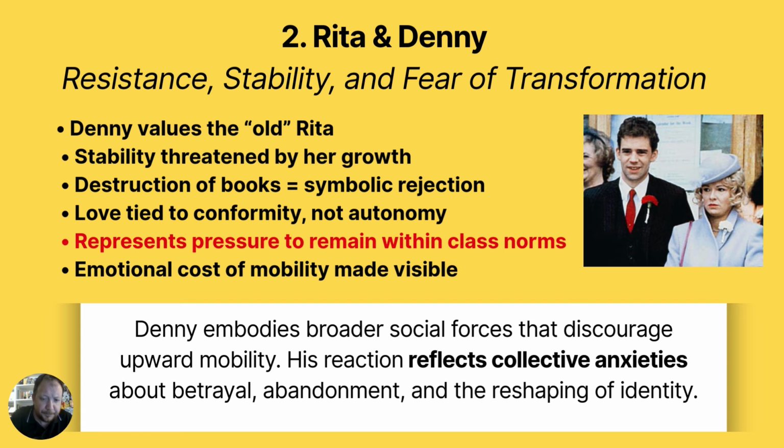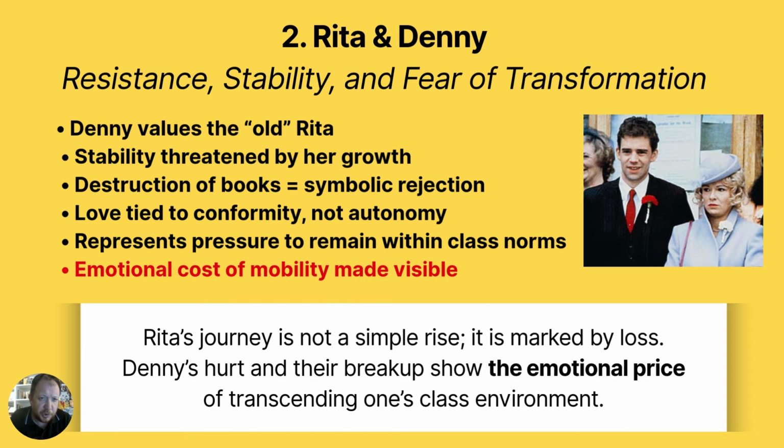And then finally, this emotional cost of mobility made visible. Rita's journey is not a simple rise. It is marked by loss. I think one of my students in class said, and a student didn't say this actually, but I'm paraphrasing roughly what they said or what we said, that as Rita's life improves and she gains things, every relationship that she's involved with deteriorates and people lose things.